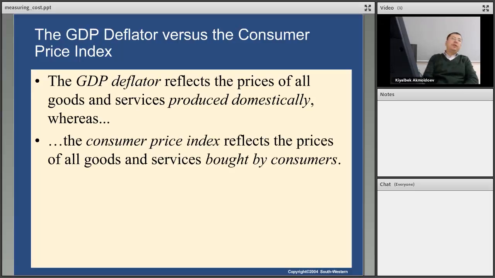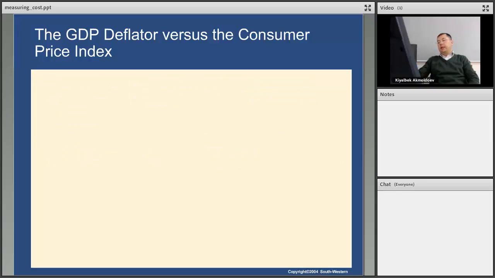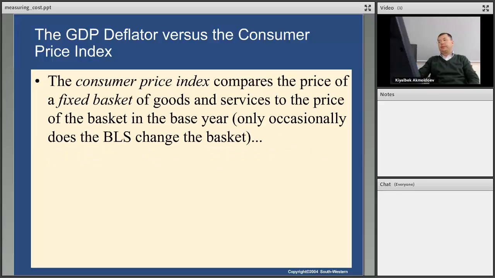So the difference between the GDP deflator and CPI is that the GDP deflator calculates changing prices of all goods and services produced inside the country, but CPI calculates change in price only of consumer goods. So only the goods and services in the basket are calculated by CPI, by consumers.